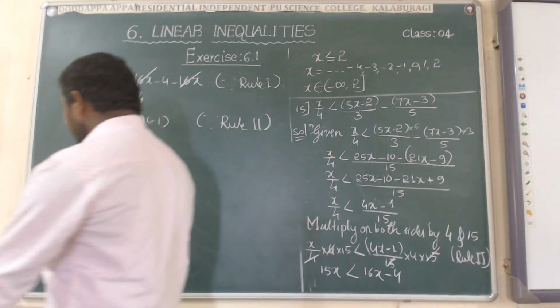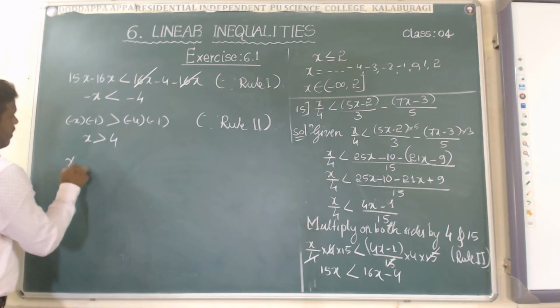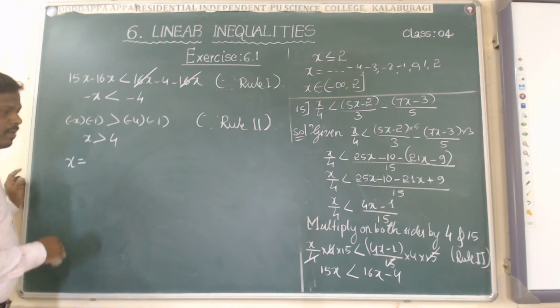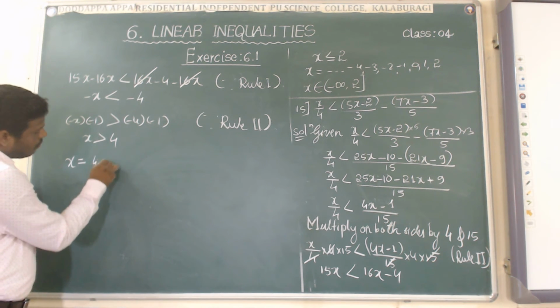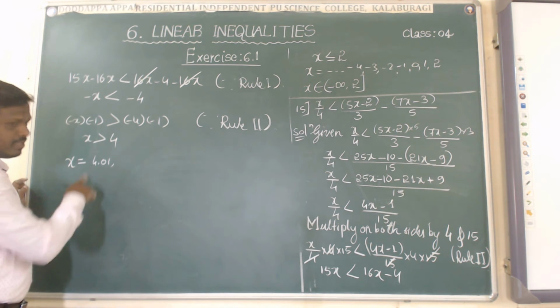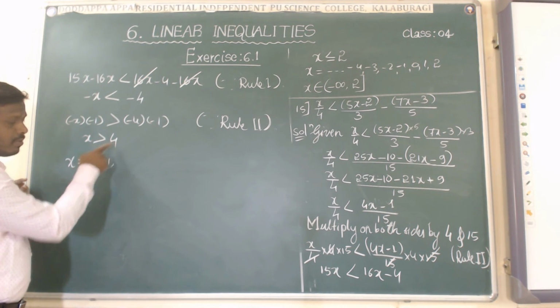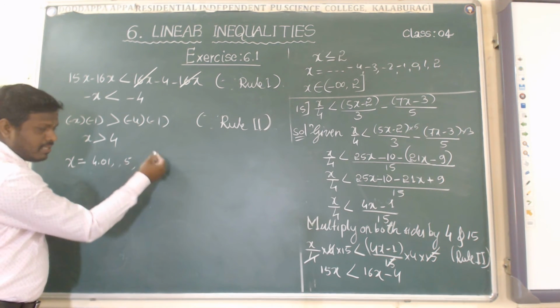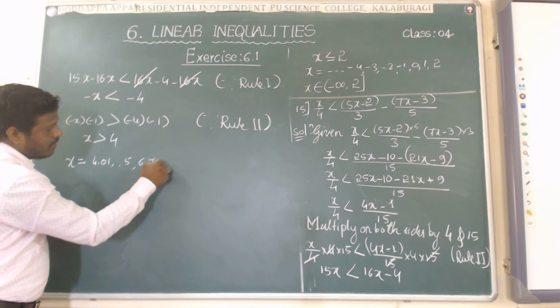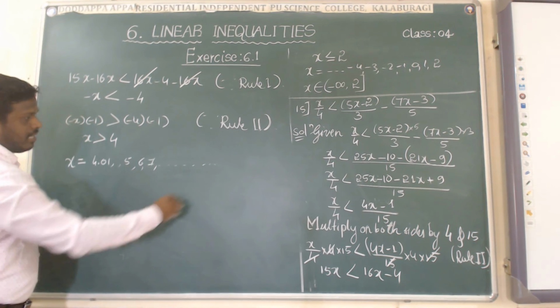How can we write these values? I am writing only a few values here: 4.01, and so on. This means the value of x is more than 4. And next is 5, natural numbers 6, 7, up to infinity we can write.